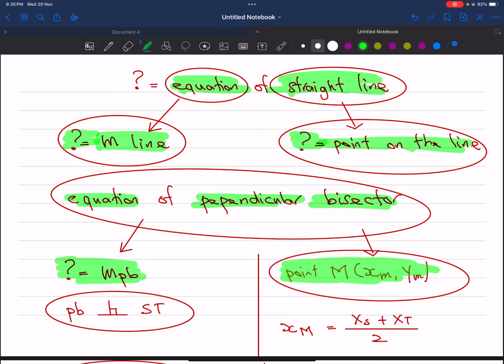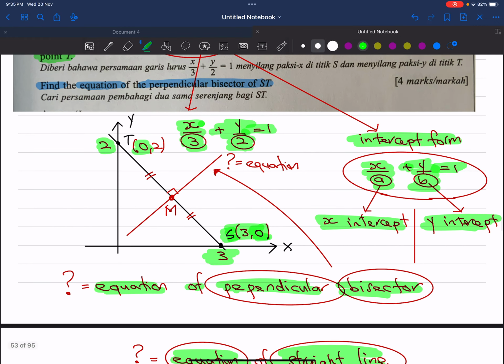a point on that perpendicular bisector, which must be the midpoint. So going back to the graph, this is our line ST. Our perpendicular bisector, which I've drawn here, is a bisector. That means it must have a midpoint and be perpendicular, 90 degrees. So don't forget, perpendicular 90 degrees, bisector, this length and this length are the same.